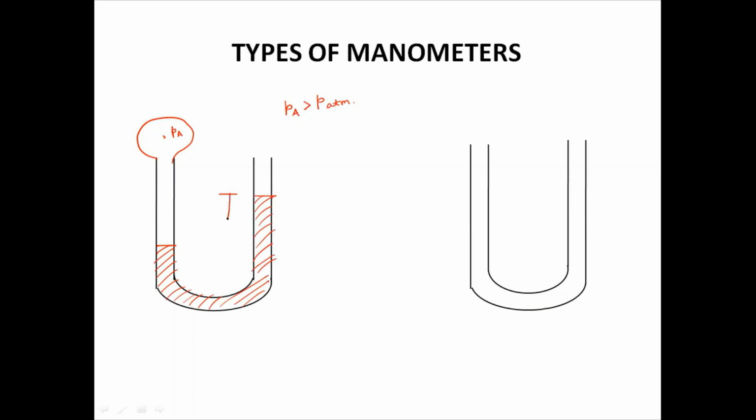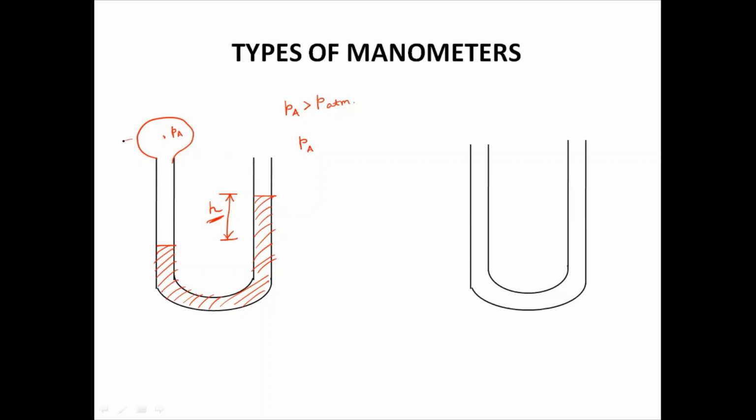And the difference, the differential head, will indicate how much this pressure is greater than the atmospheric pressure. So if you write down the equation in this kind of problem, let's take this PA.